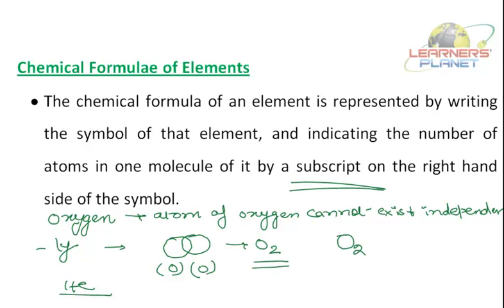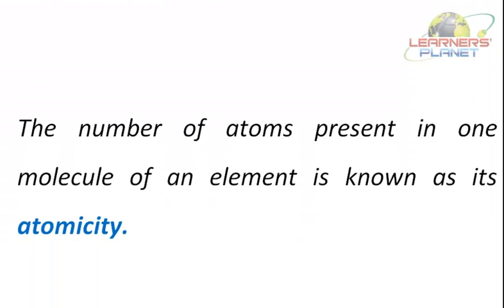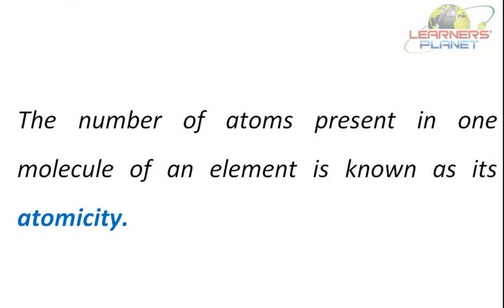So do remember oxygen, nitrogen, chlorine, fluorine. Now, the number of atoms present in one molecule of an element is known as its atomicity.